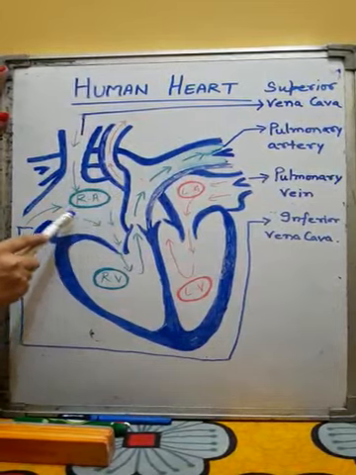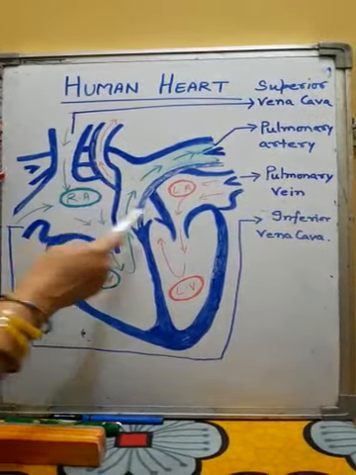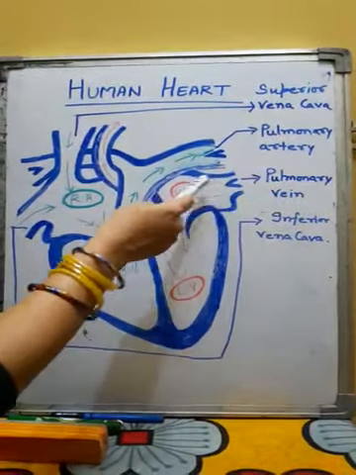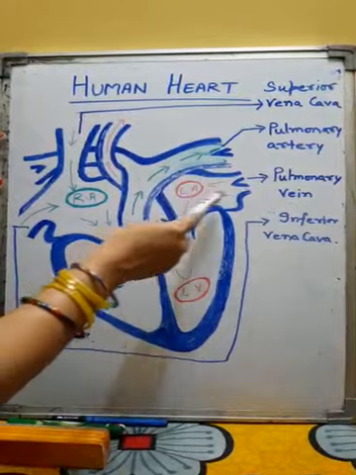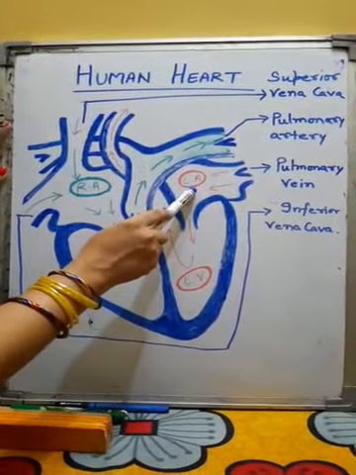Right auricle expands. At the same time, blood from the lungs comes inside the left auricle through the pulmonary vein. Both the auricles expand together.